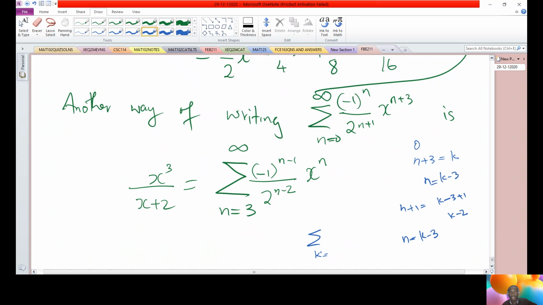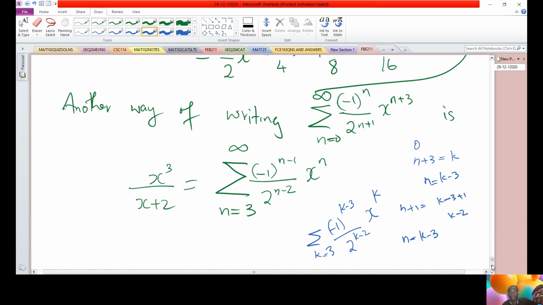So you start k from 3, negative 1, where there's n you put k minus 3, and then n plus 1 will give you k minus 2, and then n plus 3 gives you k. And remember, this negative 1 raised to the power k minus 3 is just changing the sign.